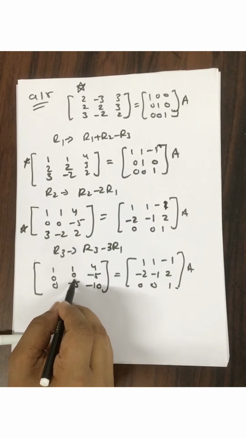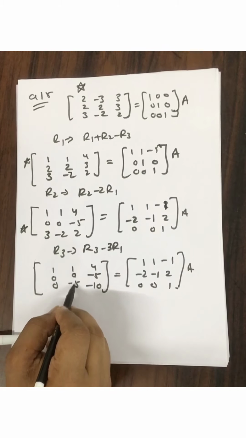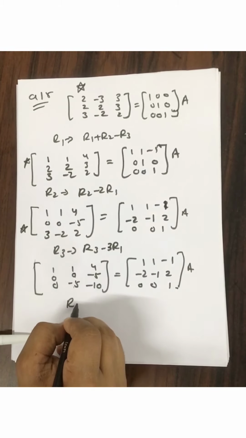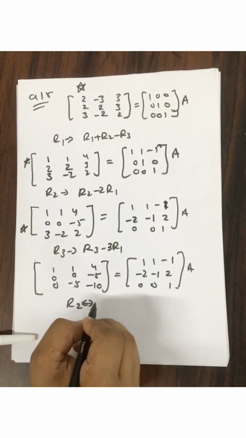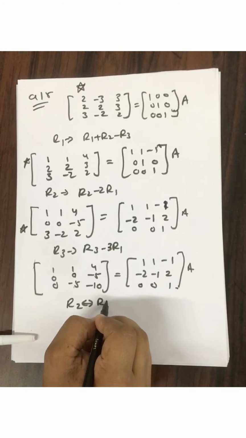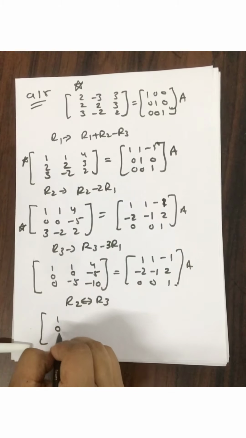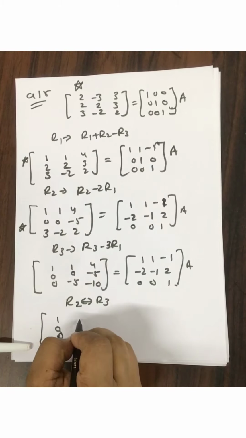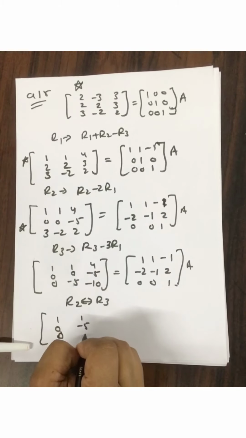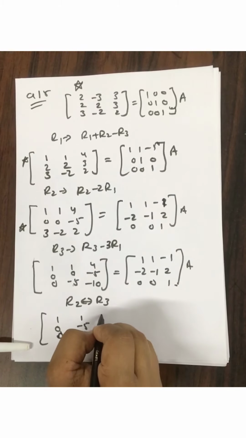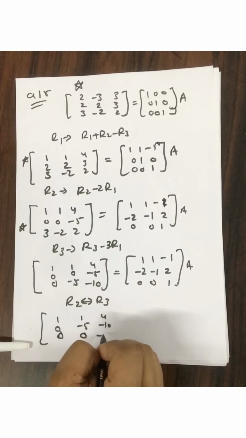Next we have to get something 0 over here. Now this is 0. How to get it 1? So better you exchange these two. R2 we exchange with R3. If you exchange, what happens? It becomes easier. 1, 0, 0, because you can divide by minus 5. 1 minus 5 and 0. 4 minus 10 and minus 5.